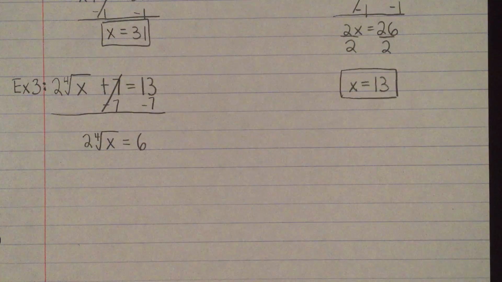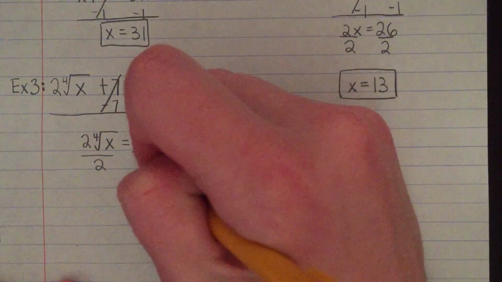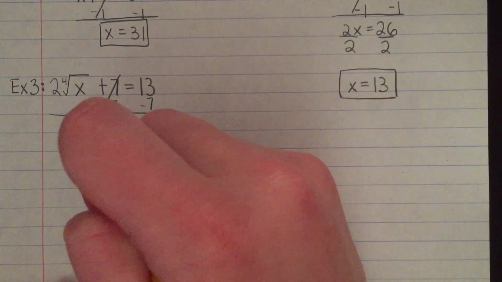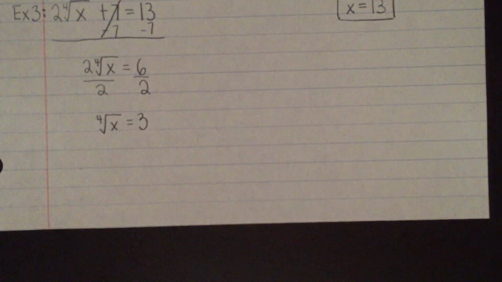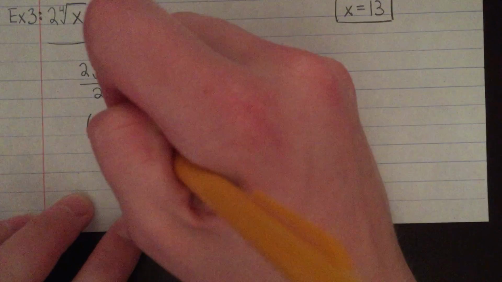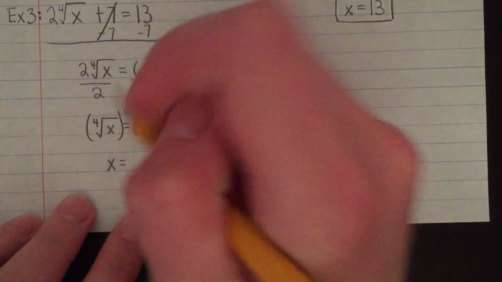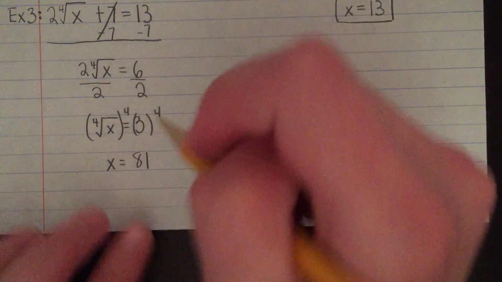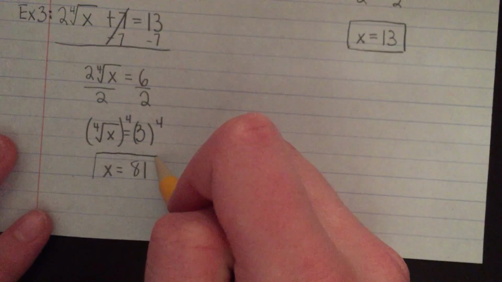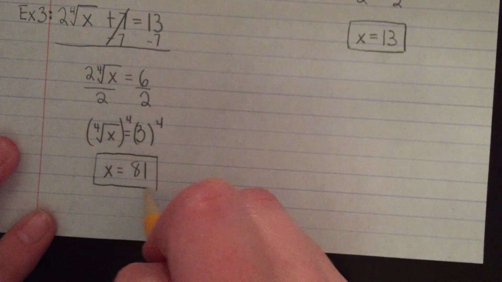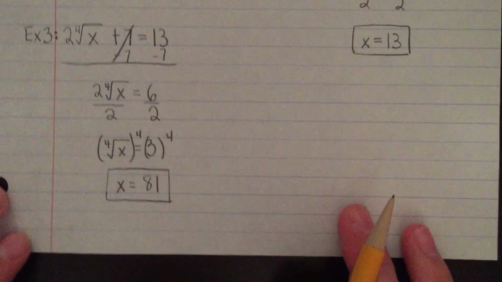And then on this one, you're going to divide by 2 next. Okay, so you get fourth root x equals 3. And then to get rid of the fourth root, you raise both sides to the fourth power. And you get x equals 81. Okay, again, in order to save time, I have already plugged that back in. It does work. It's not extraneous, so you can go ahead and box it. But in class, you'll need to check them on your own.